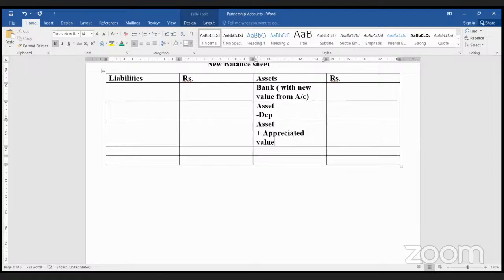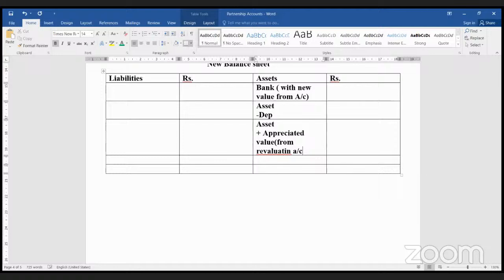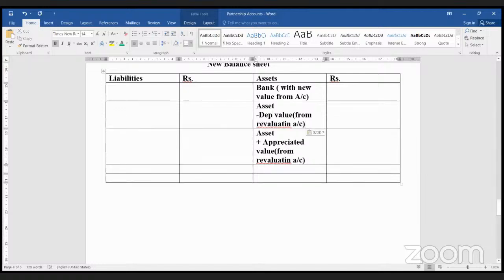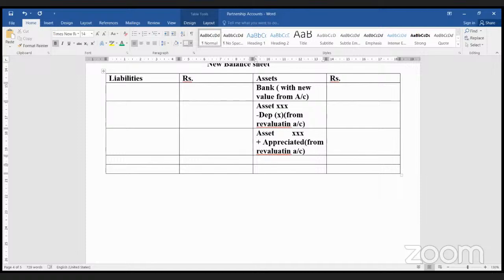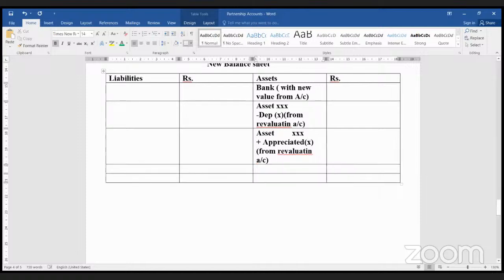Appreciated value, for both from the revaluation account. Okay. This is how we are supposed to do.